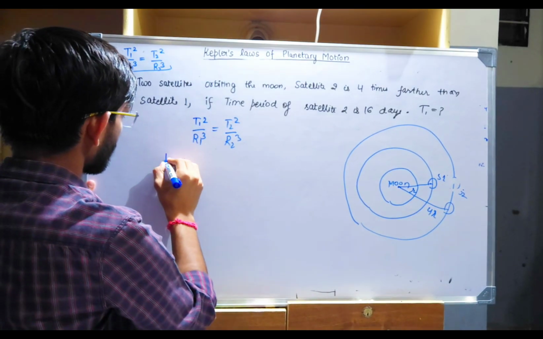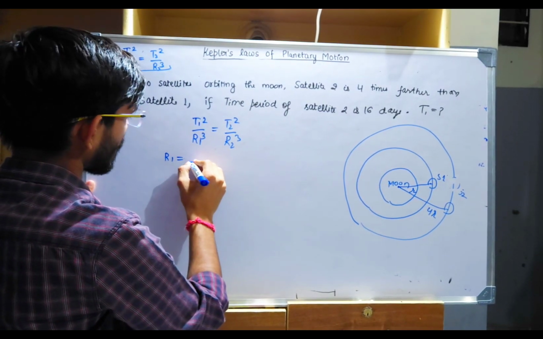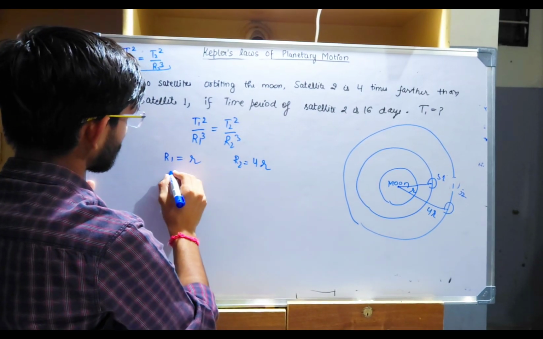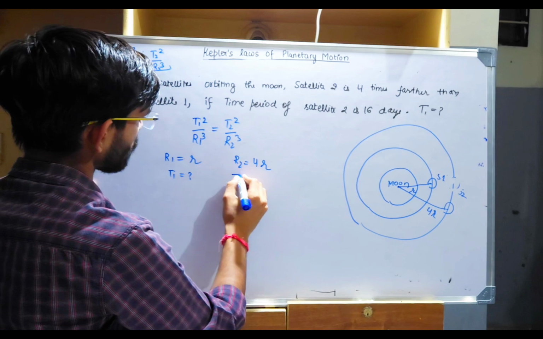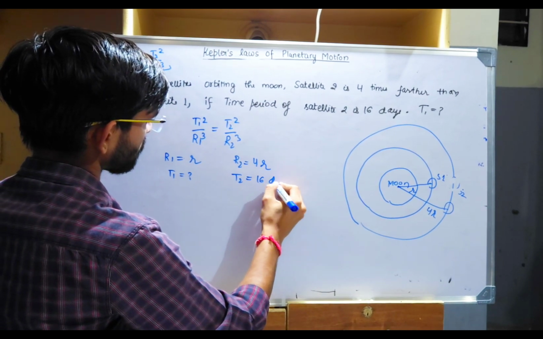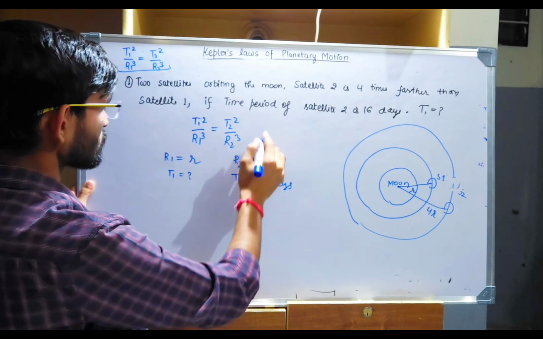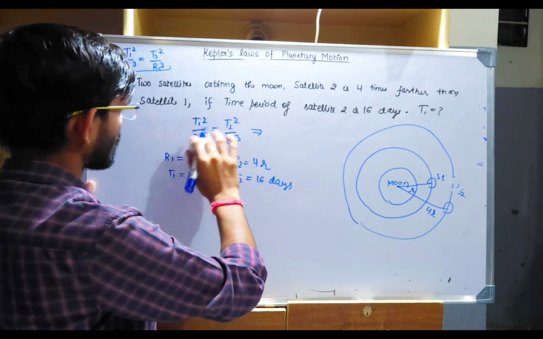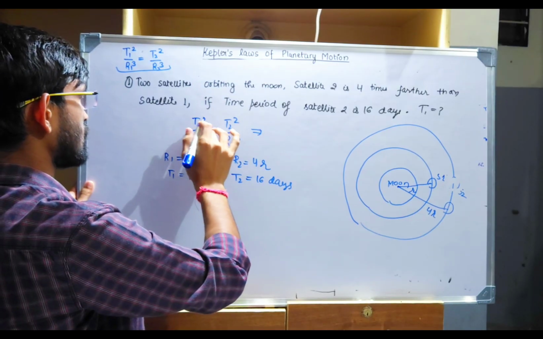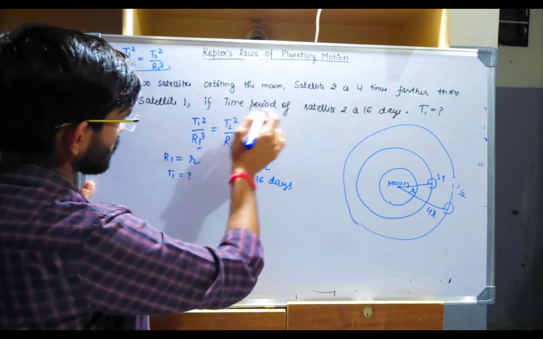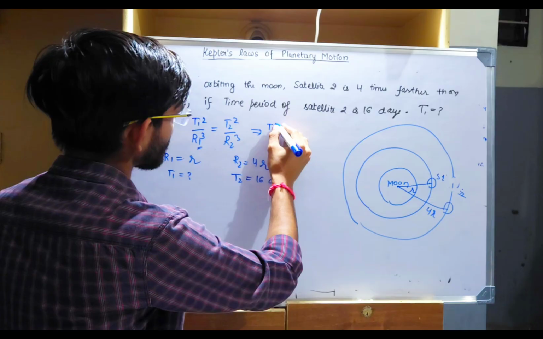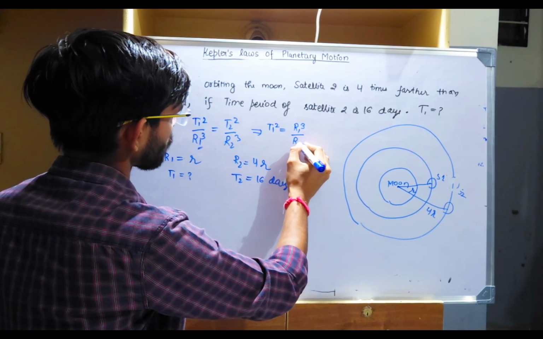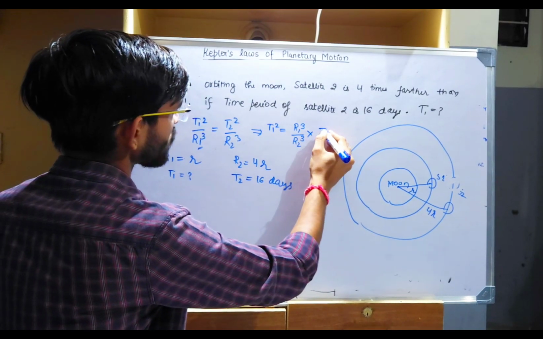So I can write R1 equals r, R2 equals 4r, and T1 we have to find, and T2 is given as 16 days. Now I'm modifying this equation. We have to find T1, so keep T1 on the left hand side and take R1 to the right hand side, so it becomes T1 square equals R1 cube upon R2 cube into T2 square.